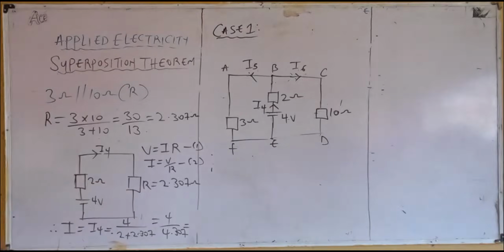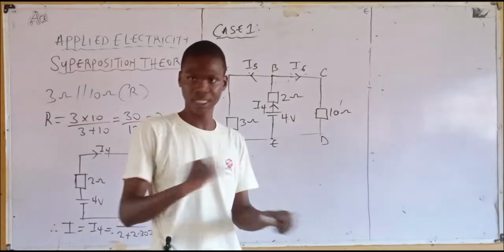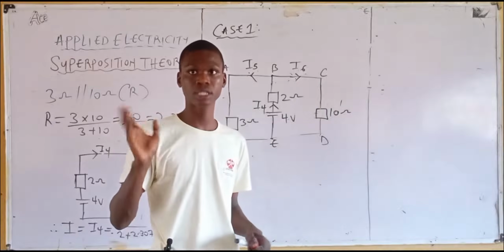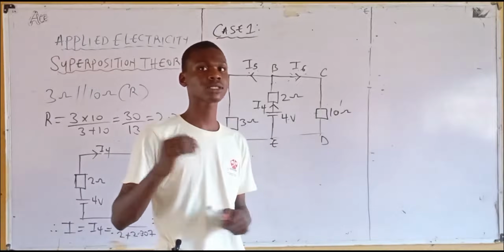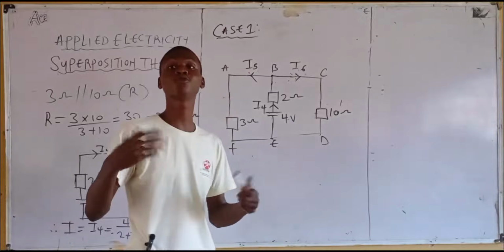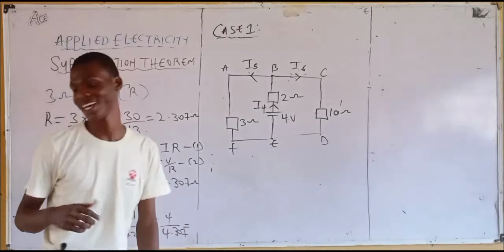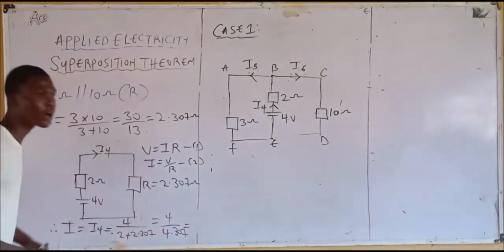The one with 0.9287. You understand? So I don't like approximation. Give me everything like that. It's not as if you won't get it, but your answer would be a bit different, and it's good to get exactly the same thing as the lecturer. You get it? So from here now, what's the value?